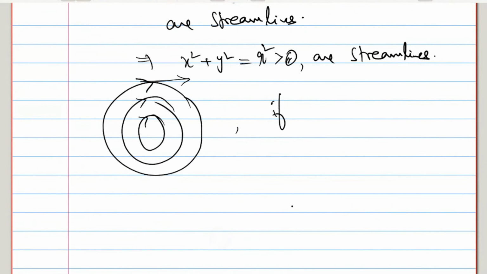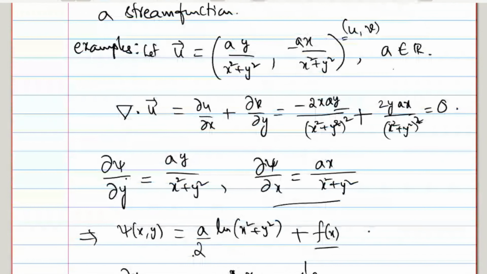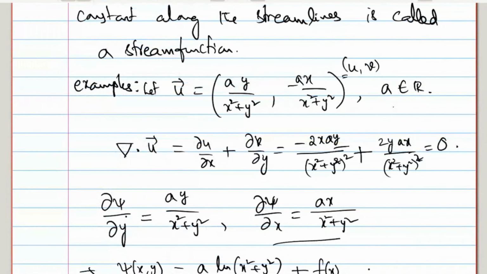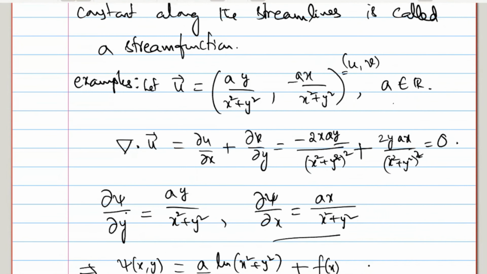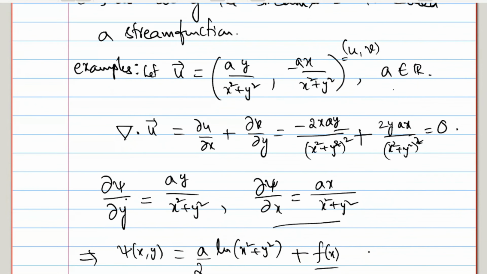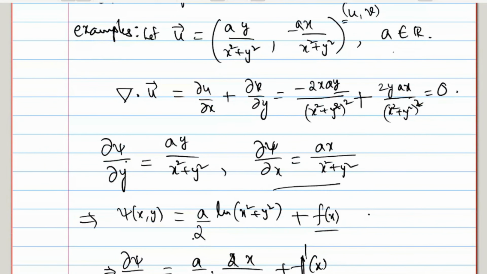So the tangent is basically, these are your streamlines. The tangent will be u, v. So just to confirm, u has to be in the direction of x, positive direction. So u has to be positive, v has to be 0. Why is v 0? v equal to minus ax by x square plus y square, a is positive.